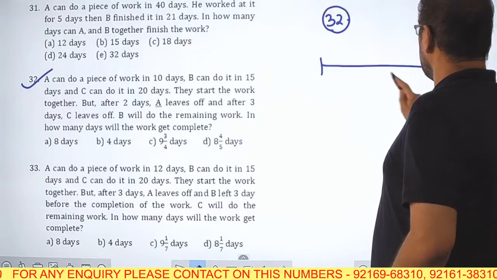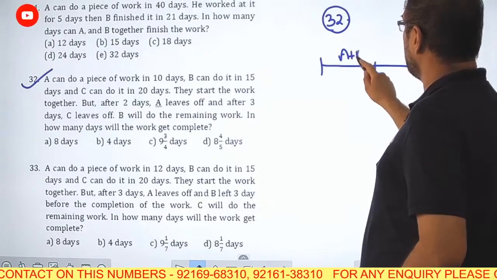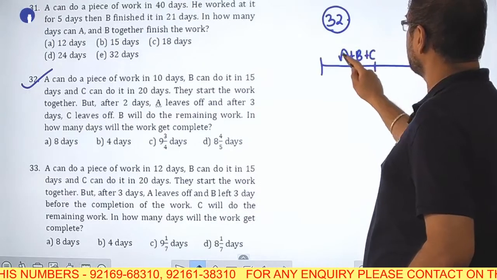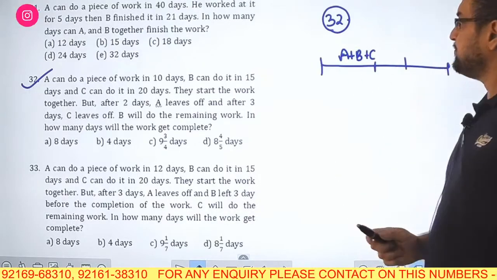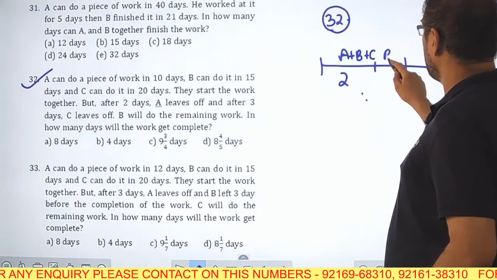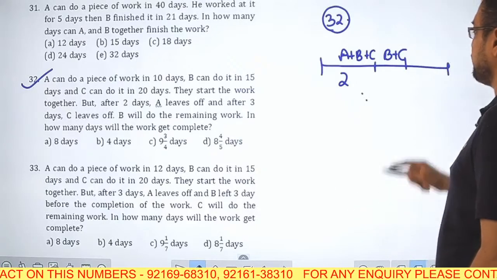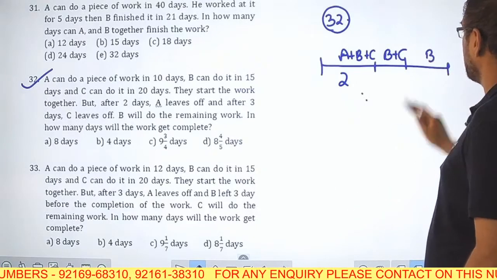Firstly, who all are working? A plus B plus C. And then after 2 days, A leaves off. That means B plus C is working. And then after 3 days, C leaves off. That means B alone is working here.